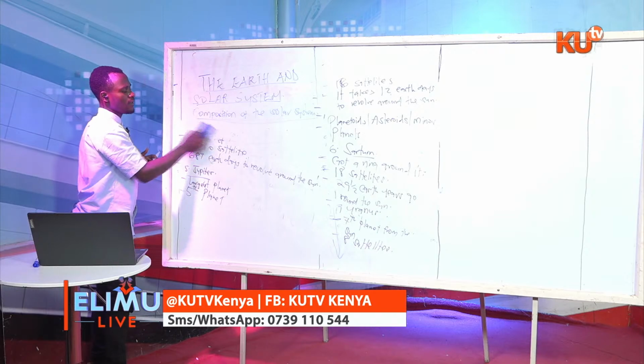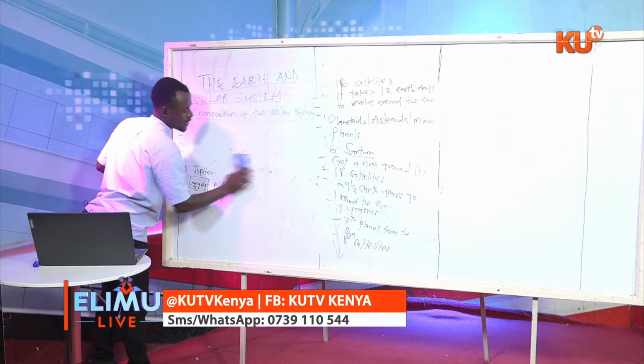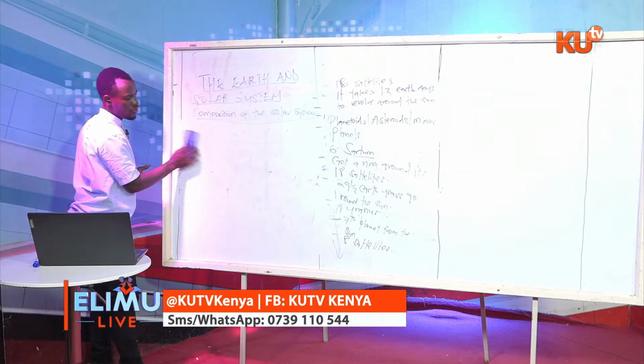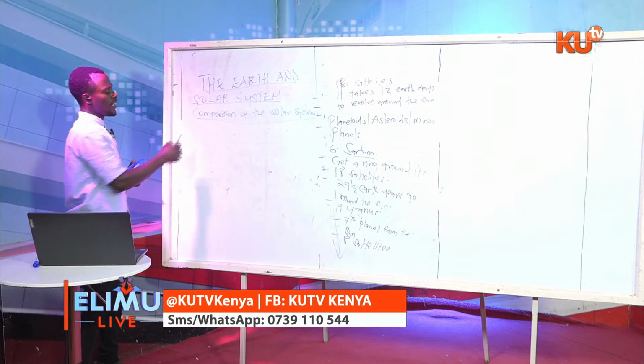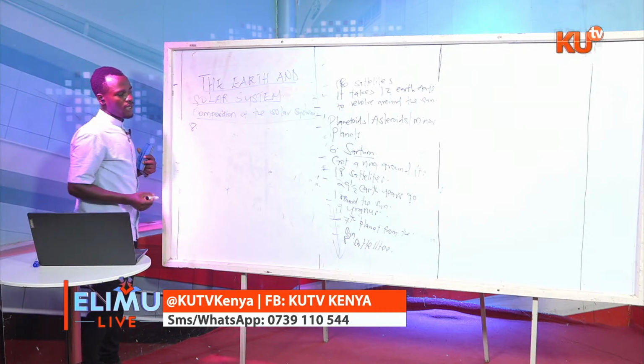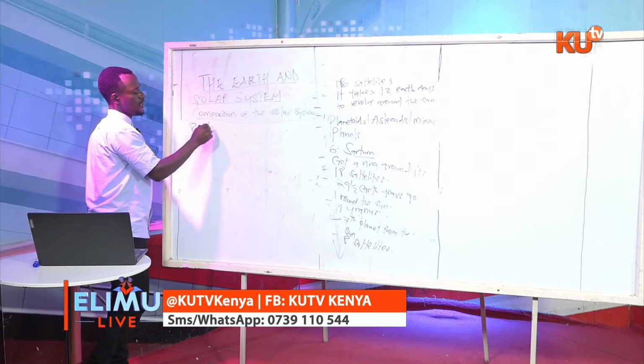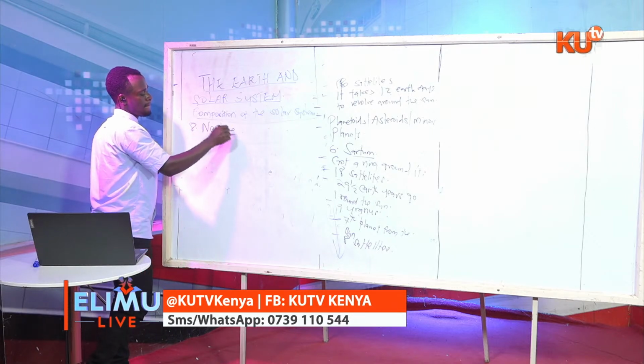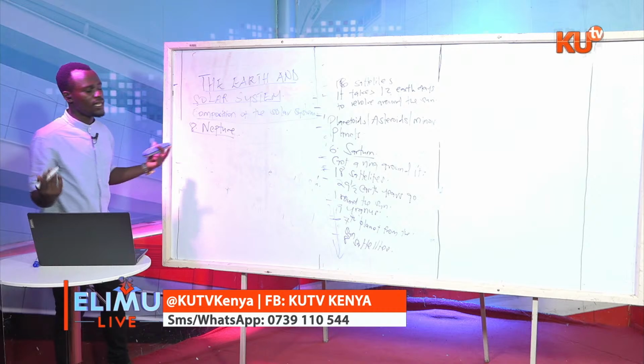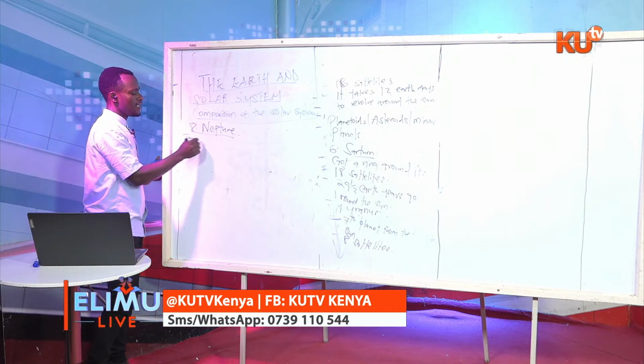And the last one for the planets is Neptune. It's planet Neptune. It is the last planet, the 8th planet.